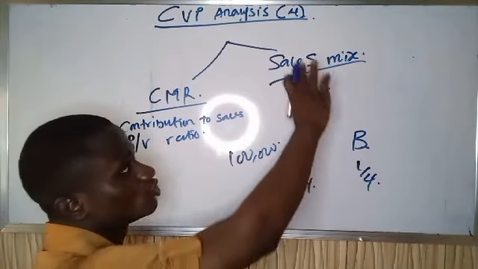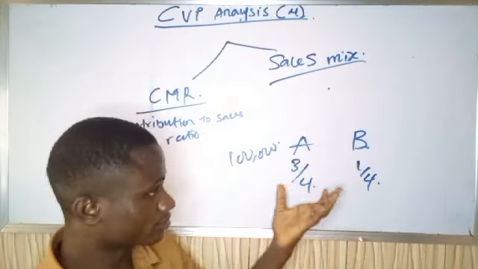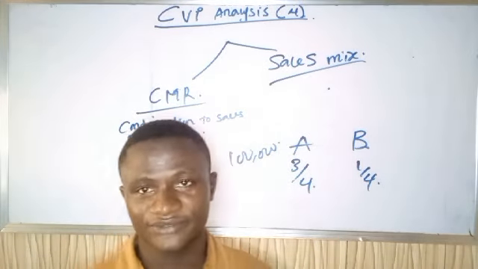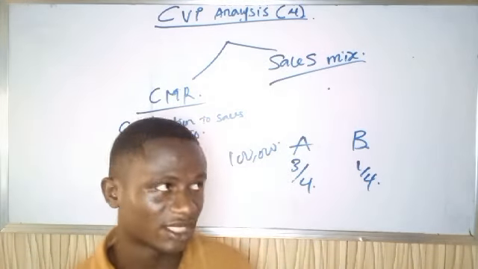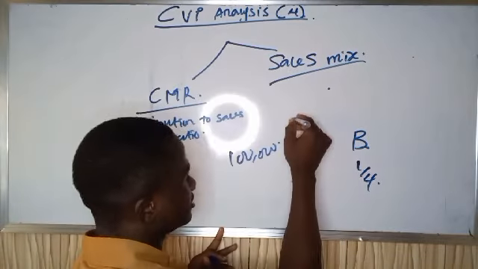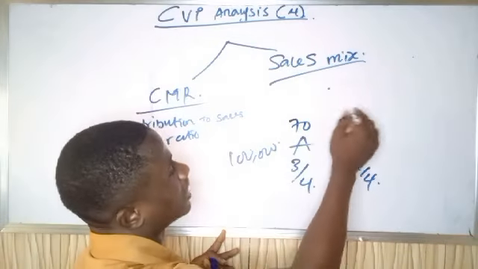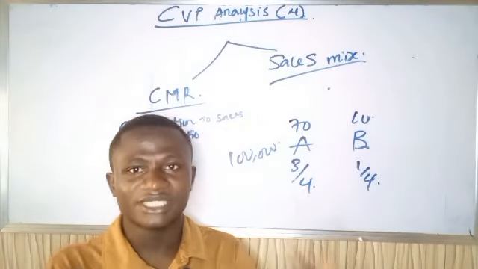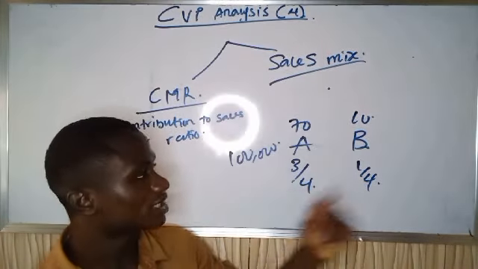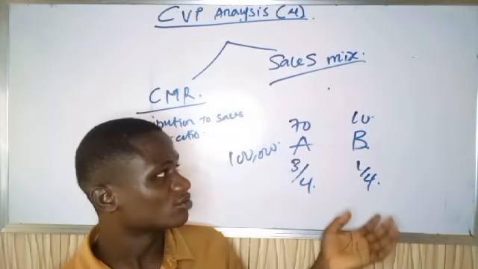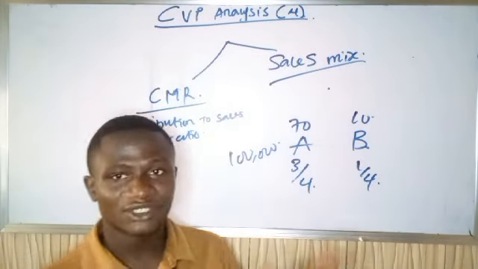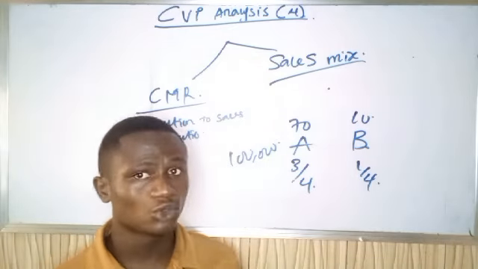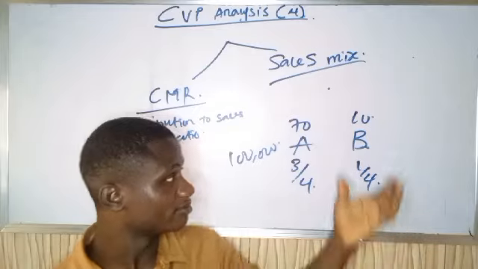And so we use this sales mix. Let me explain why we need this sales mix. We need it because if I'm dealing with two products, let's say I'm selling 70 units of product A and 10 units of product B, it will be very wrong of me to assume that the revenue or the contribution I'm going to make from A will be the same as B. No, because A is 70, B is 10.